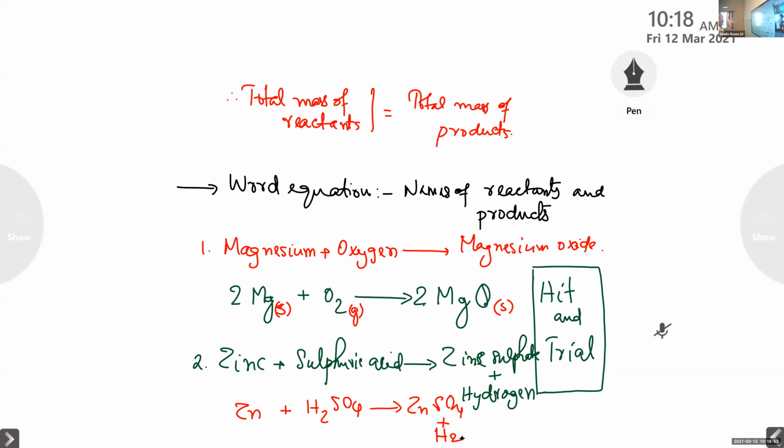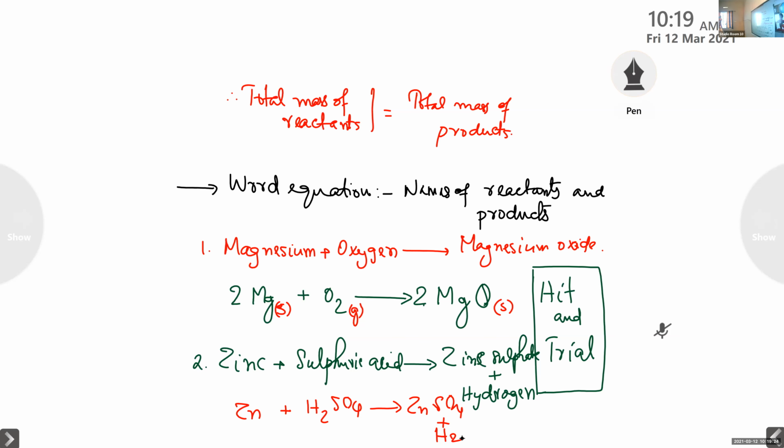If somebody asks you to balance the equation, you should not immediately start the hit and try method by giving various numbers. First you have to check whether the equation is already balanced or not. For the examination also, such equations will be given and you will be asked to balance the equation.